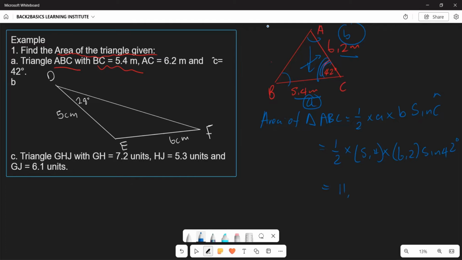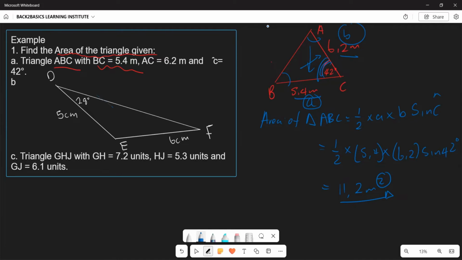This is going to be 11.2 meters squared, right? Remember, every time you are looking for your area, you need to ensure that the answer is in squared units. Are we together? The unit is always squared, isn't it so?